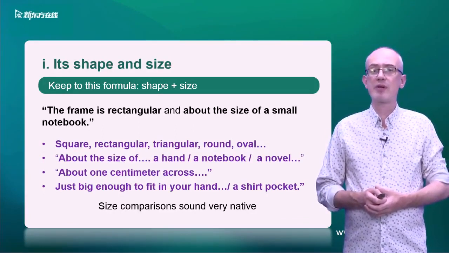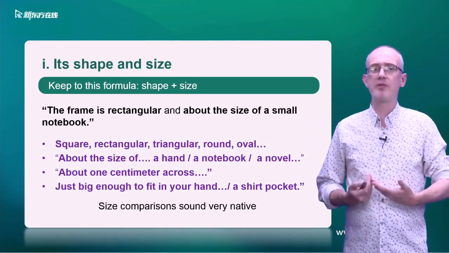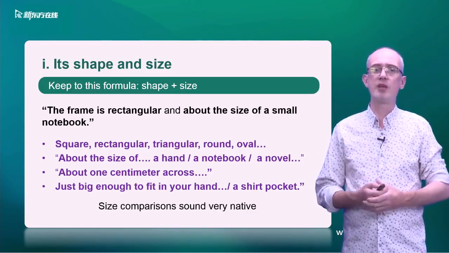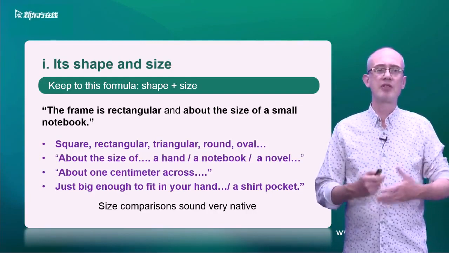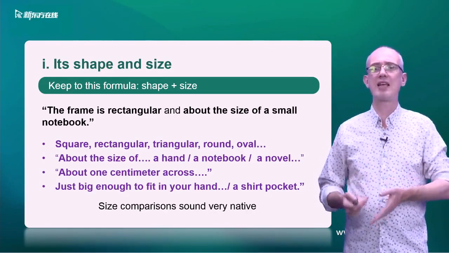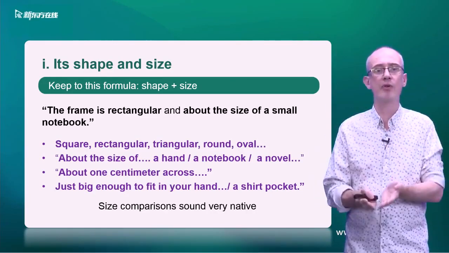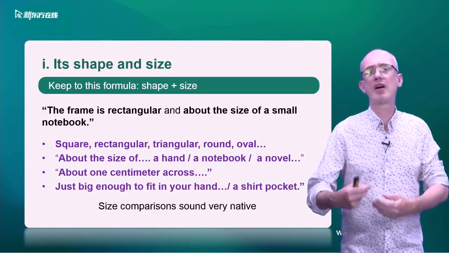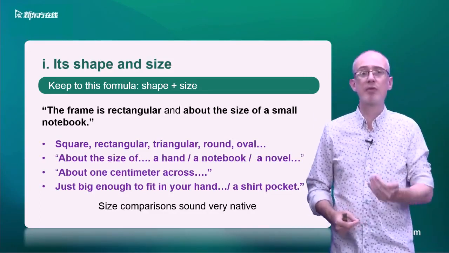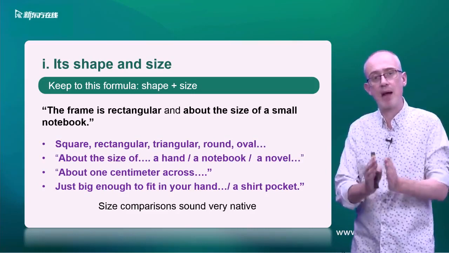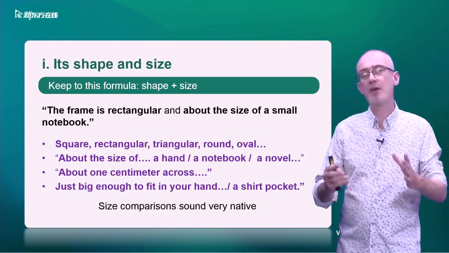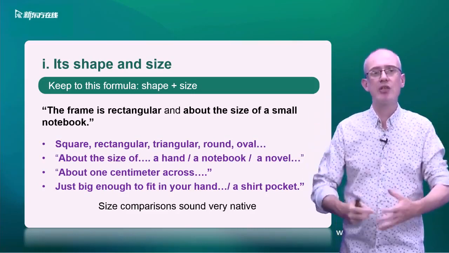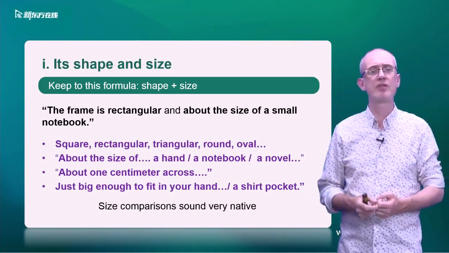So there's different, more mature, more advanced ways we can describe objects, and this is a good example. Square, rectangular, triangular, round, oval. About the size of a hand. About the size of a small notebook. About the size of a novel. About the size of a man's head. Use a comparison to make it more interesting.